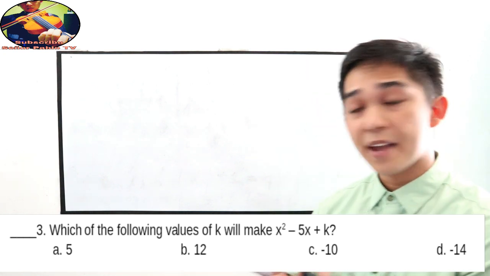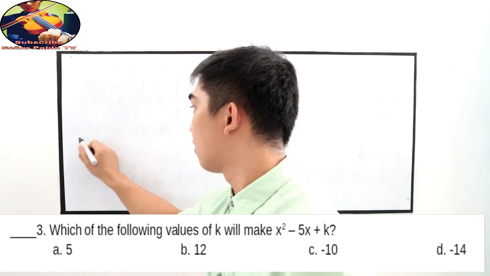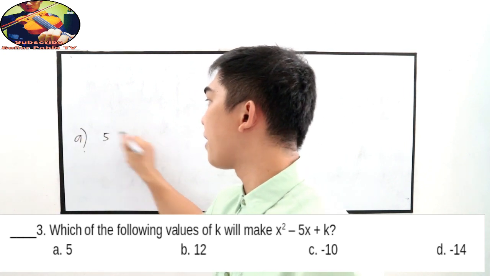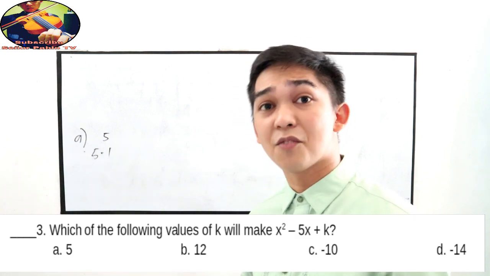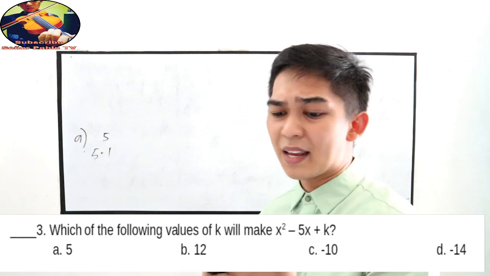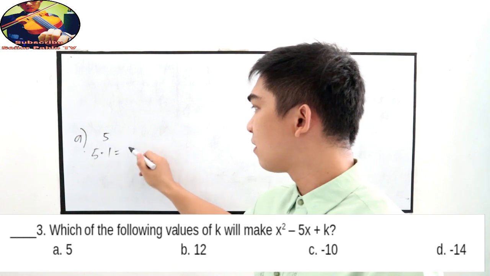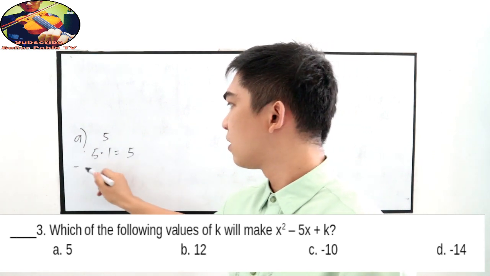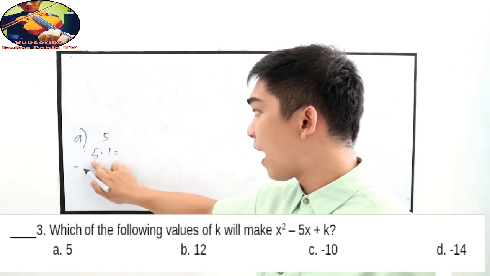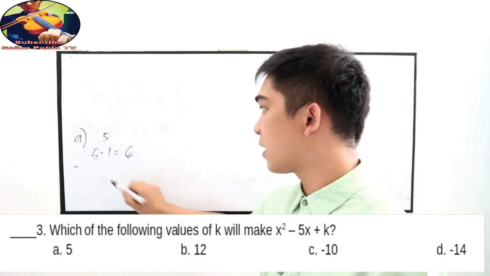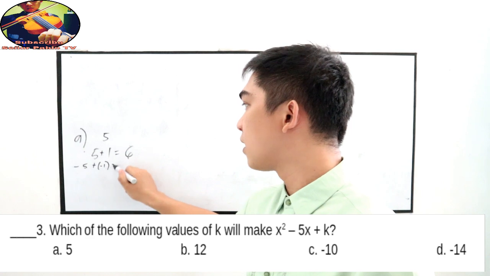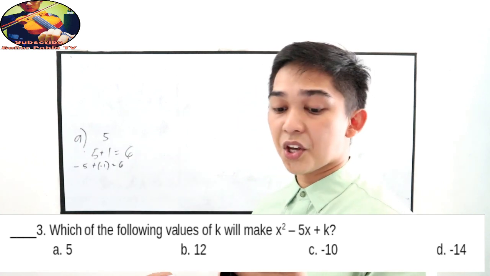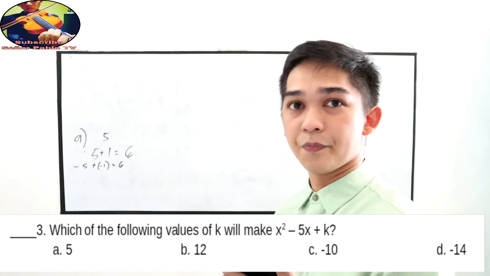Letter A, 5. Ano ba yung factors ni 5? Ang factors ni 5 ay 5 times 1. Okay, negative 1 times 5. Pag pinag-add natin, that is 5. 5 plus 1, that is 6. Negative 5 plus negative 1, that is negative 6. So, hindi siya dun sa middle term.